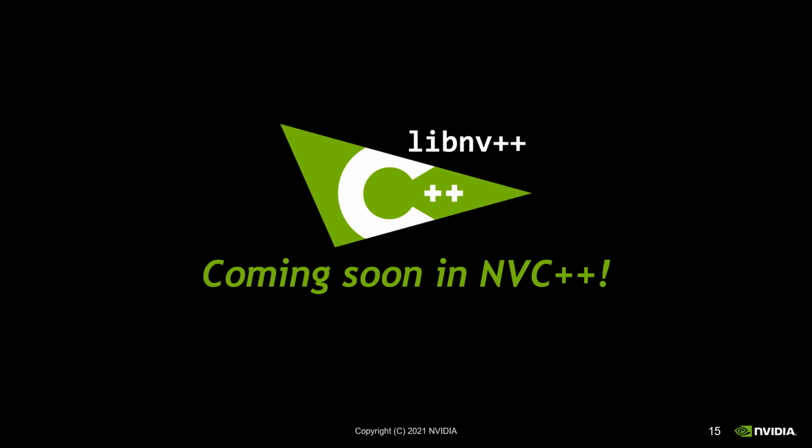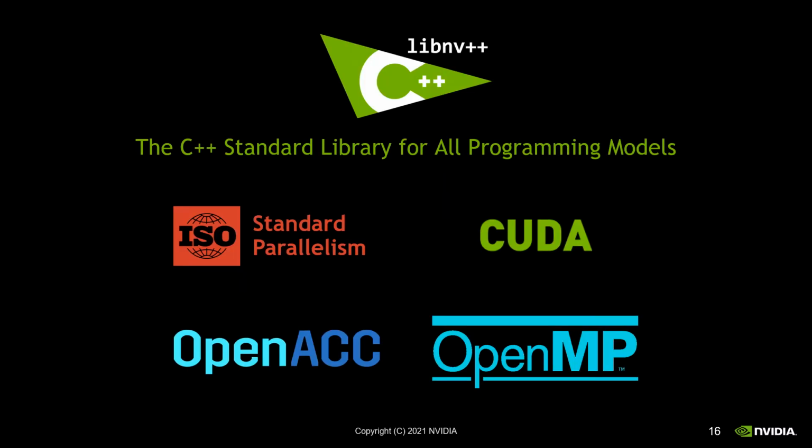The next generation NVIDIA C++ standard library, libnv++, is coming to NVC++ in the near future. libnv++ is not a subset. It's a complete heterogeneous standard library for all of the programming models that NVC++ supports.